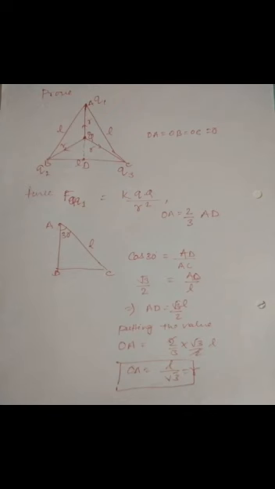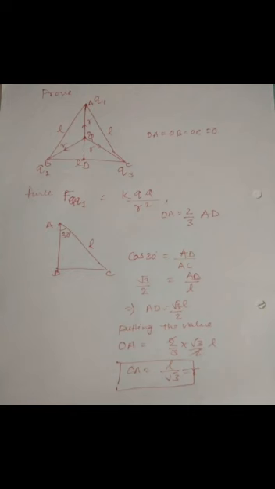The center point we have marked O, where the capital Q charge has been placed, and all vertices we have joined with point O, so they become OA, OB, OC, and the measurement we have taken is r. So they are all equal: OA equals OB equals OC equals small r.